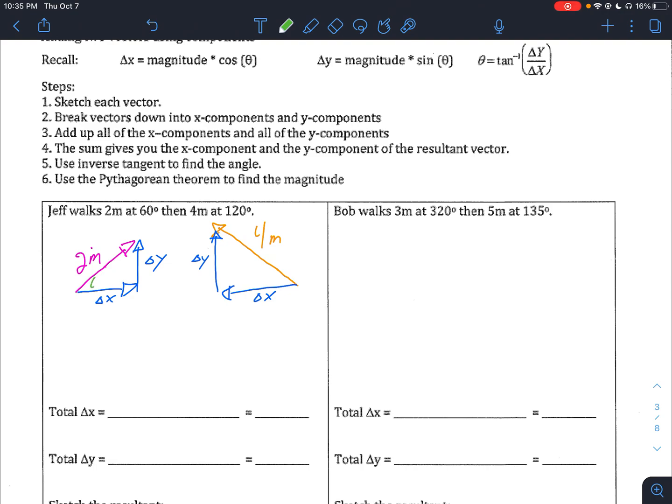I know that this is, oh, I forgot to fill out my angle, 60 degrees and 120. So again, 120 is relative to the right being 0. So this big angle here is 120. So if I subtract that from 180, I get this interior angle to be 60. And I can use sine, cosine, tangent now.